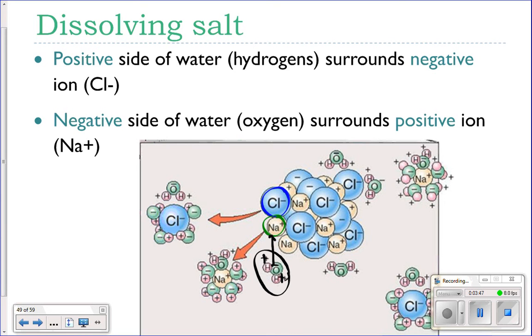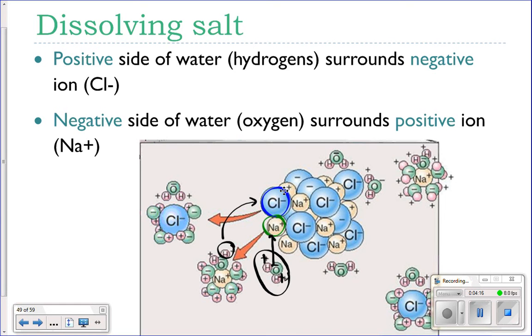Other water molecules will be attracted to the chlorine, so the positive side of the water molecule would be attracted to the chlorine. You have a bunch of water molecules gathering around the sodium chloride, with the negative side of the water molecule arranging itself around the sodium, and the positive hydrogen side arranging itself around the chlorine.